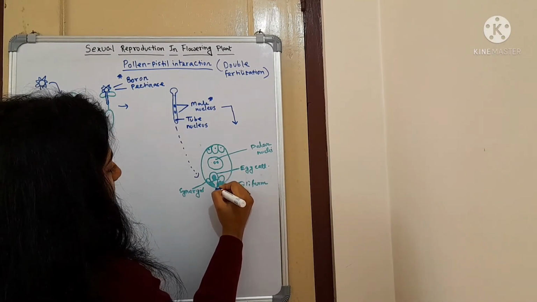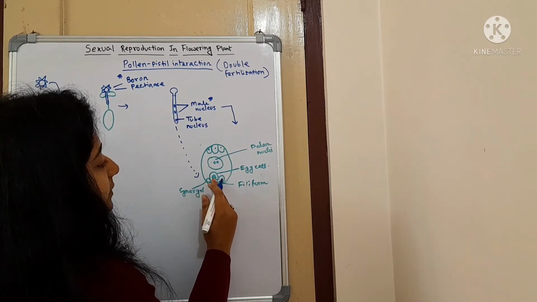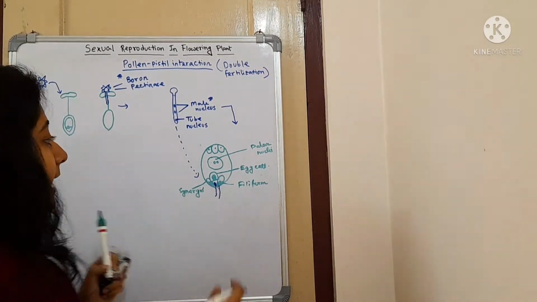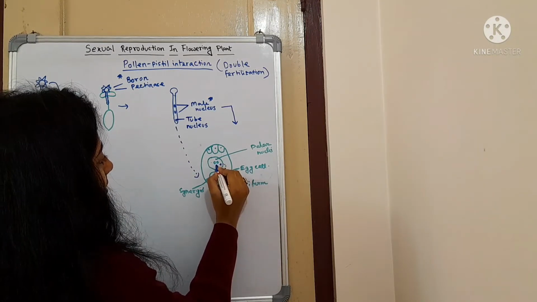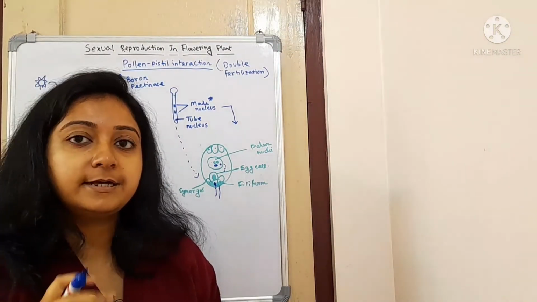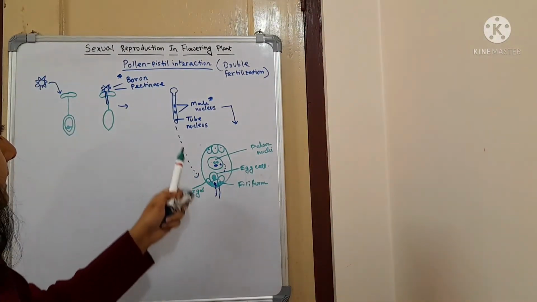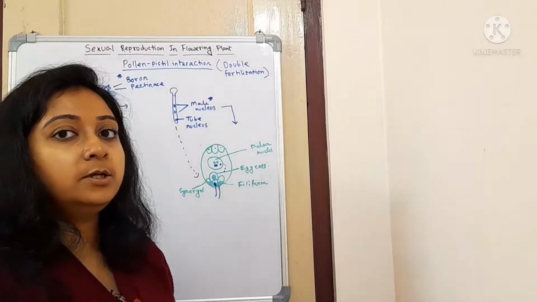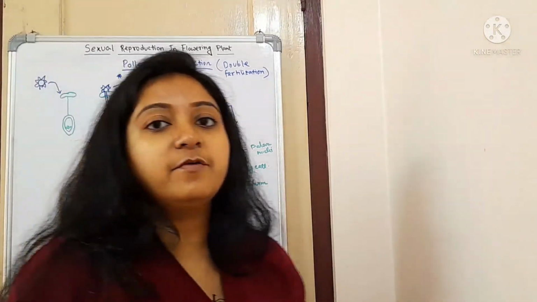So what will happen after releasing the male nuclei? One of the male nuclei will go and fuse with the egg, and another male nucleus will go and fuse with the polar nuclei in the central cell. The direction in which the male nucleus will go is provided by the filiform apparatus.